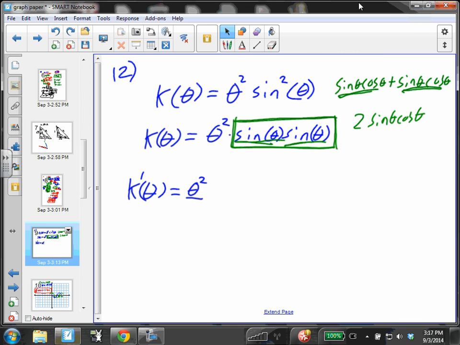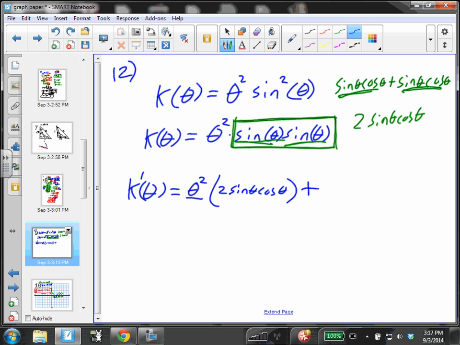And remember, we came off to the side and did the derivative of this second piece, and we got this, 2 sine theta cosine theta, plus the second part, which is sine theta times sine theta times the derivative of the front piece. What's the derivative of theta squared? Yeah, that's going to be 2 theta.